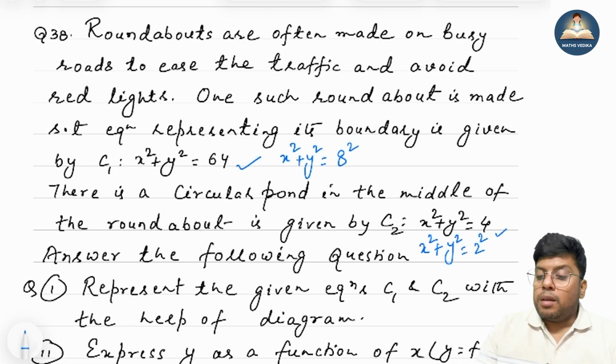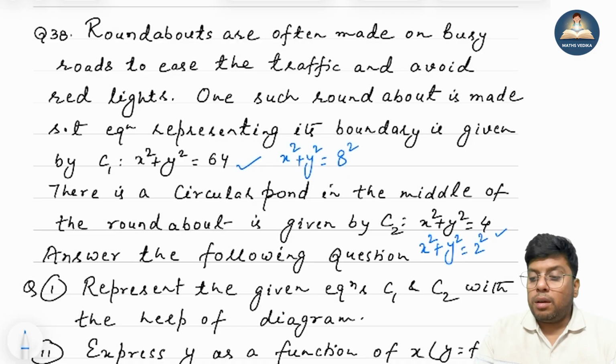The first equation of circle, which is the diagram of the roundabout, will be the circle of radius 8 unit. And the second equation of circle is C2.